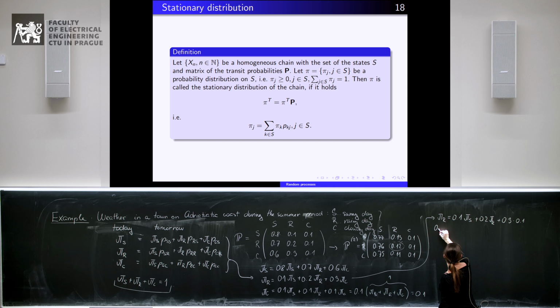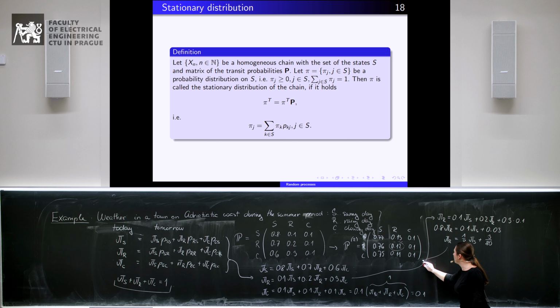It means that 0.8 pi R is equal to 0.1 pi S plus 0.03. So pi R is equal to 1/8 pi S plus 3/80.